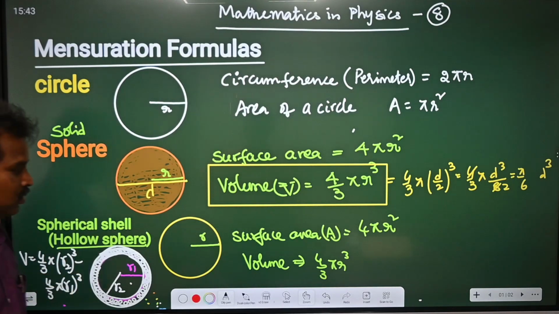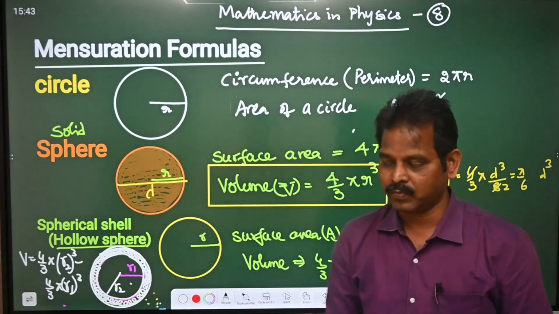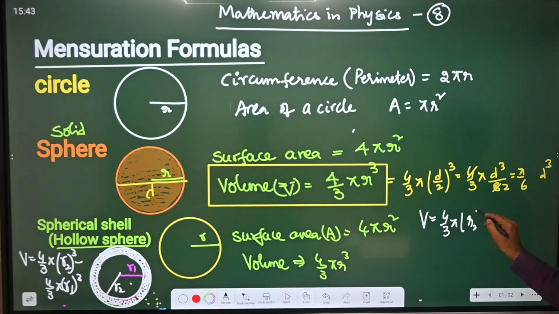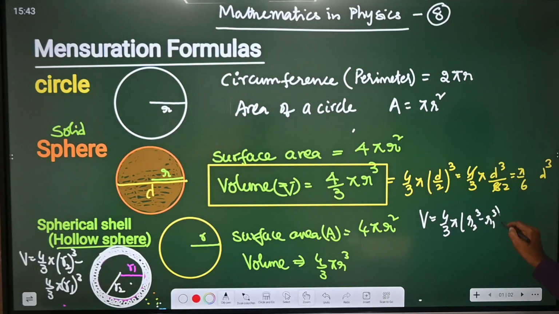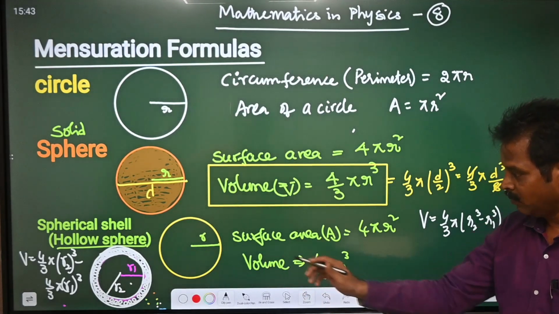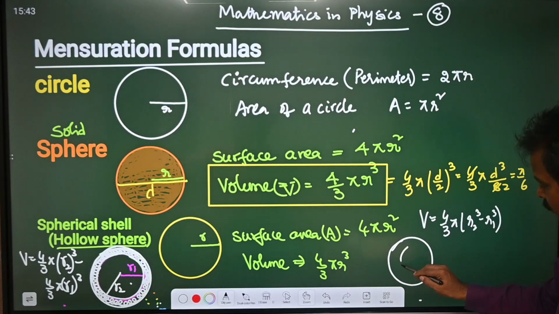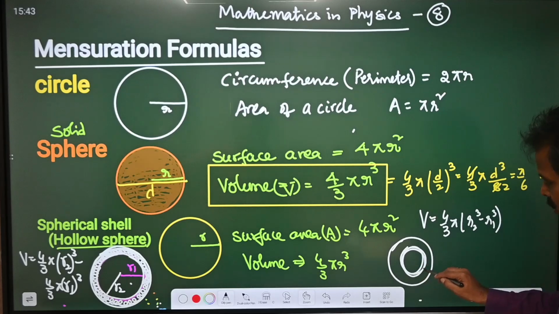So V is equal to 4 by 3 pi, R2 cube minus R1 cube.